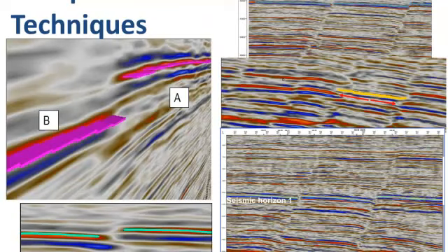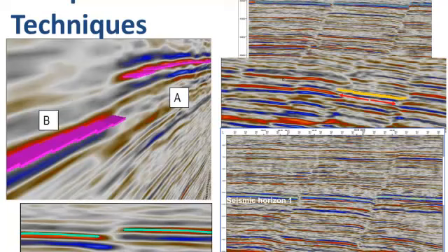What about the different interpretation techniques? Some geophysicists combine the interpretation of the faults and the horizons. So whenever he finds any break in continuity, he puts that fault, draws the fault, and continues interpreting the horizon.